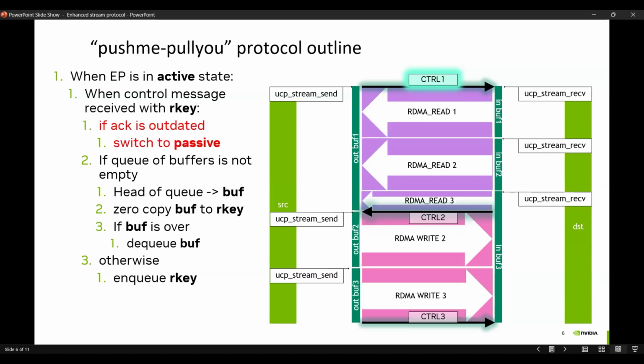It may happen here. So the question is, in this diagram, for example, when you do RDMA write and then you send control, is the control being sent immediately after sending the RDMA write, or do you wait for some kind of a flush or a completion on the RDMA write?